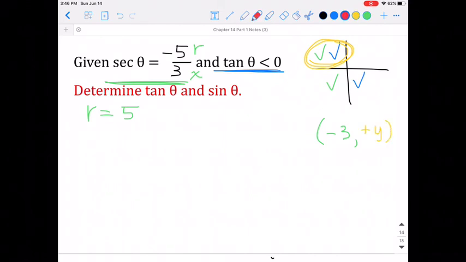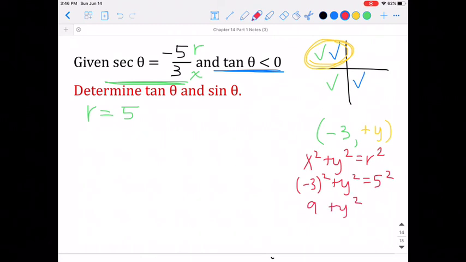So now to find our y, we're going to do x squared plus y squared equals r squared. So we have -3 squared plus y squared equals 5 squared. So we have 9 plus y squared equals 25. When we subtract 9, we get y squared equals 16, square root of both sides, and y equals 4.